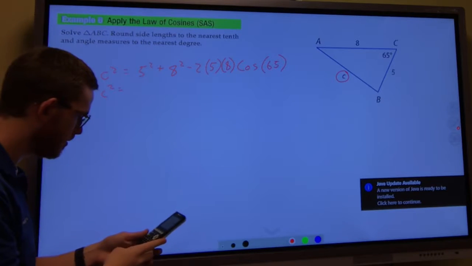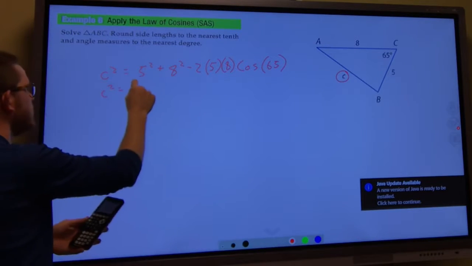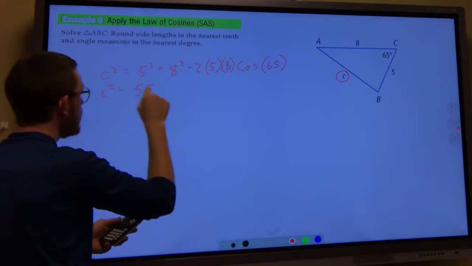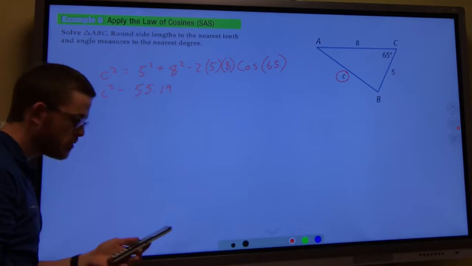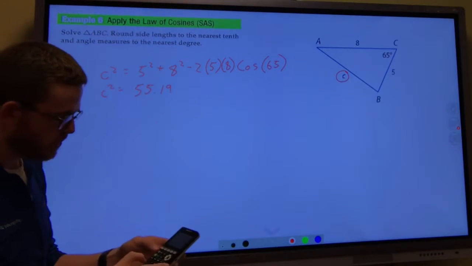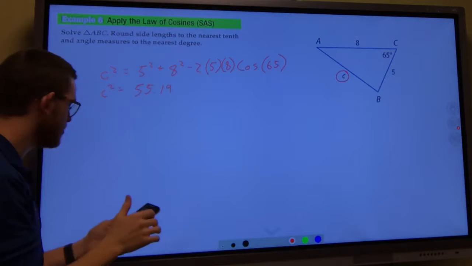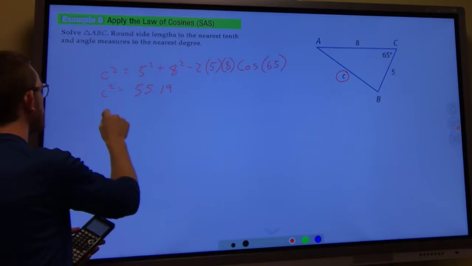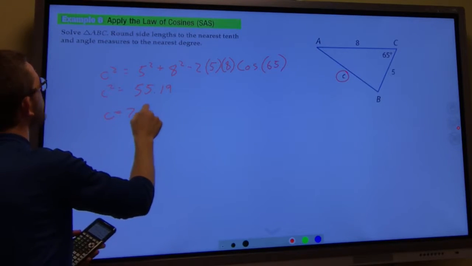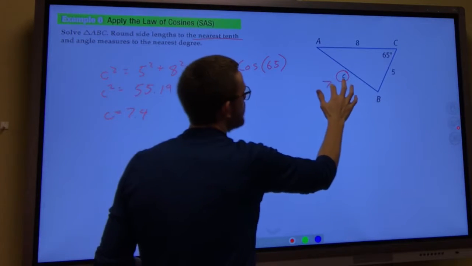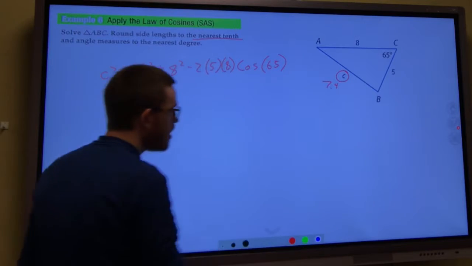And c squared is about 55.19-ish, but I wouldn't even really round that because I'm just going to take the square root of the answer right there in my calculator, and this comes out to be about 7.4. It says round lengths to the nearest tenth, so it's about 7.4.